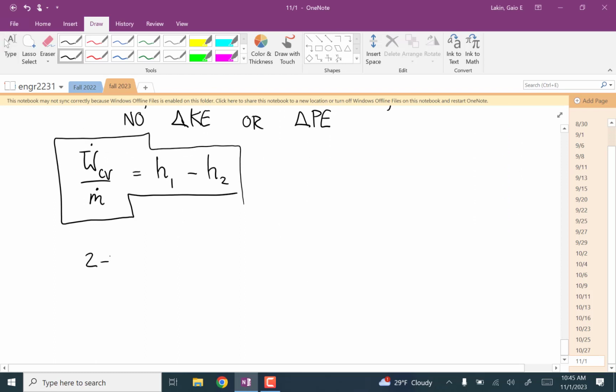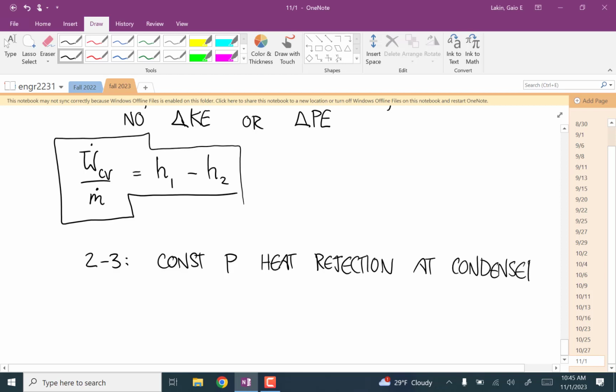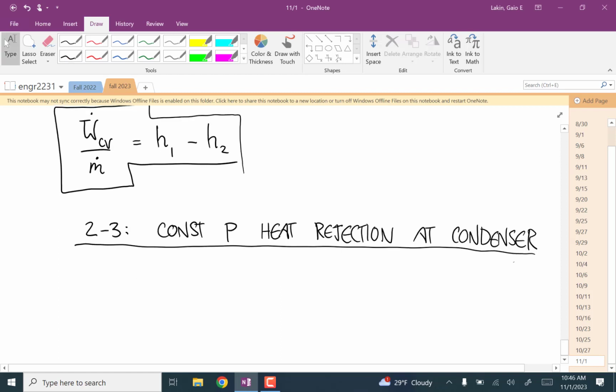Second, from 2 to 3, this is the constant pressure heat rejection at the condenser. Again, we're going to assume it's steady state.